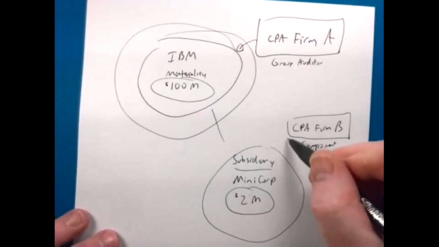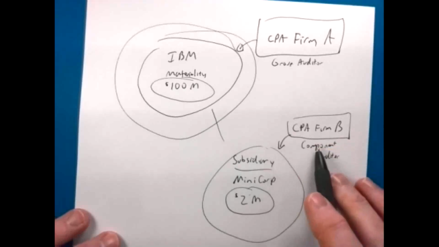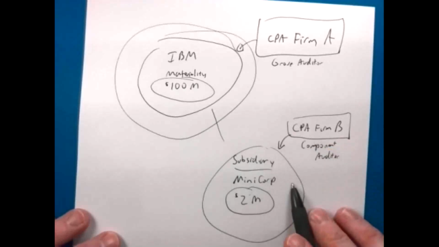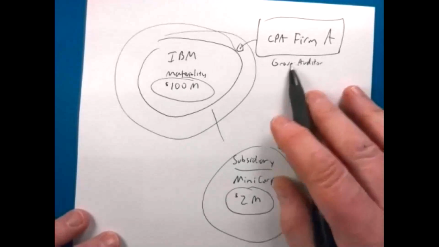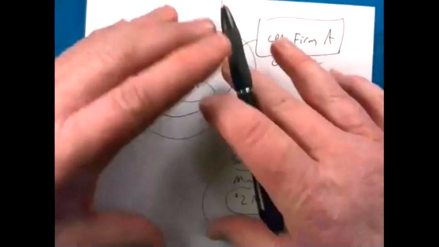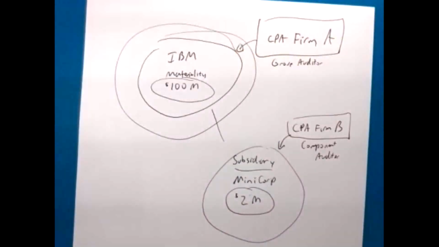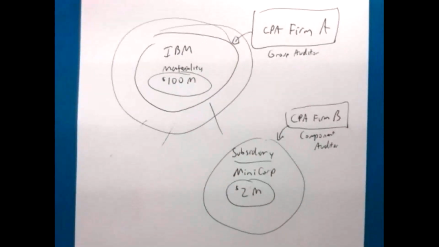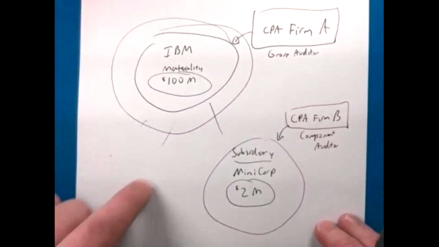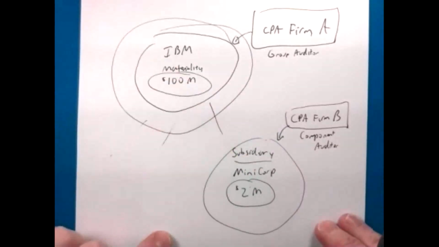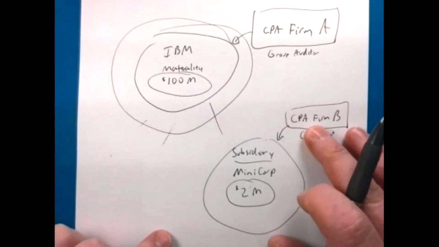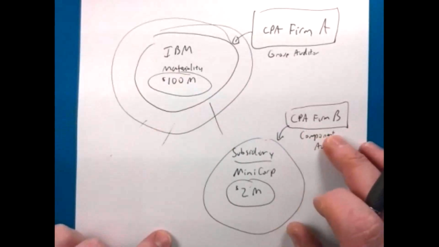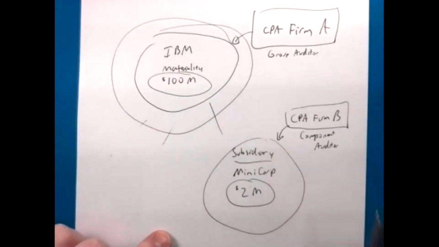So you have a CPA firm B doing the audit of the subsidiary, and CPA Firm A is the group auditor. They're doing IBM, but also all of IBM's subsidiaries, and there might be a whole bunch of subsidiaries. So that's what I call the group, the entire group. IBM owns a subsidiary, the subsidiary is getting audited by another CPA firm, and CPA Firm A is auditing IBM.